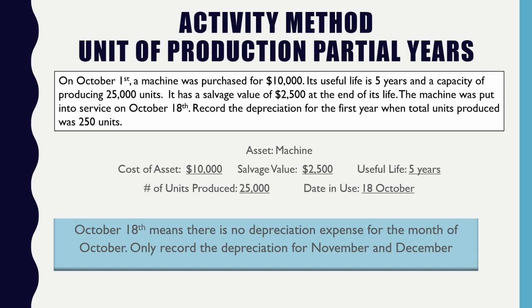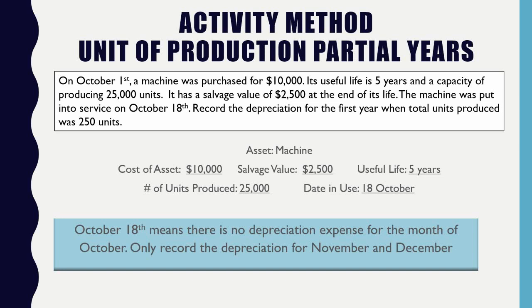It also has a salvage value of $2,500 at the end of its life. If the machine was put into service as of October 18, record this depreciation for the end of the year, assuming that the depreciation is done at the end of the year.